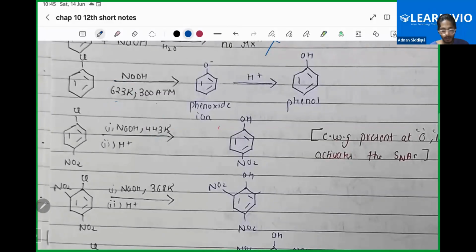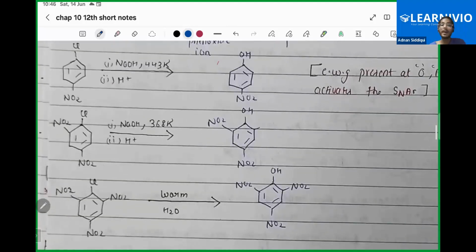Without an electron withdrawing group, I needed 623 Kelvin, but after introducing one, the temperature condition has dropped.